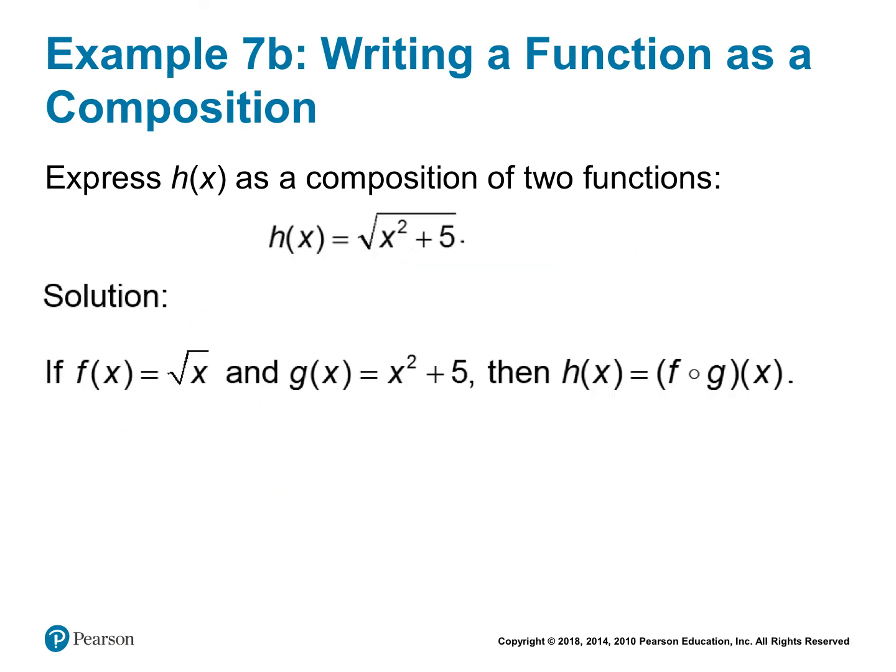Okay, just one more you can look at. What two functions made this? So we know that one way we could make it work is if f of x was the square root of x and g of x was x squared plus 5, then we have f with g of x gives us h of x.